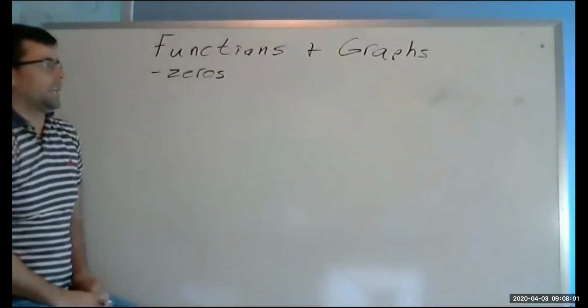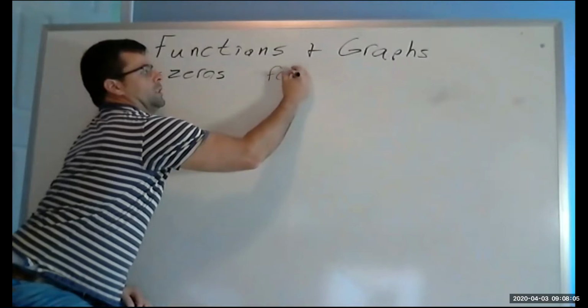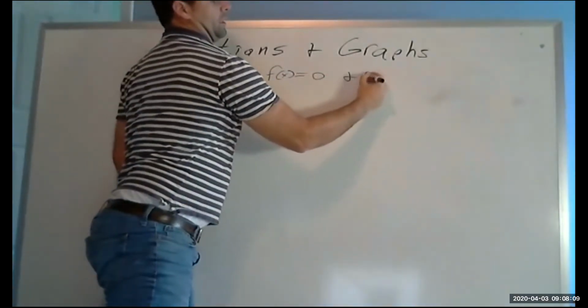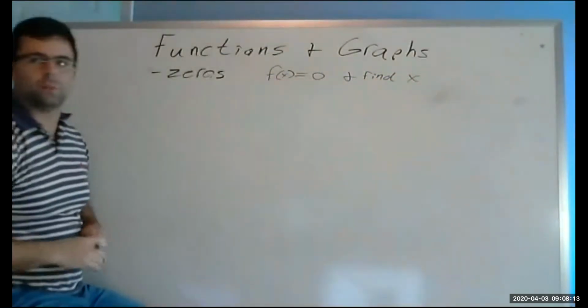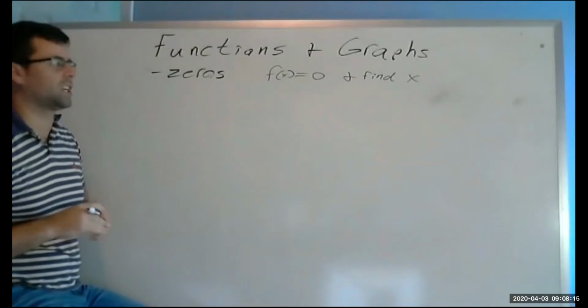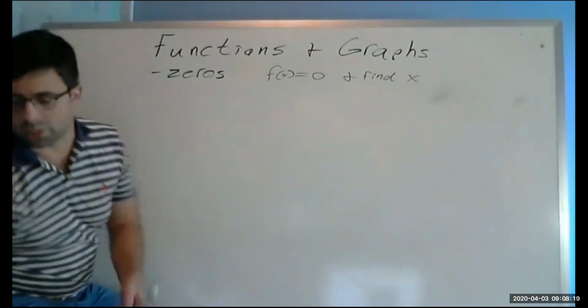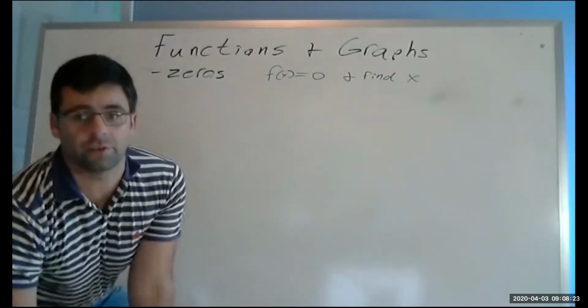This is basically just setting the function equal to 0 and finding x. This is probably the most common quality that we're used to, but it is a quality of functions in general.